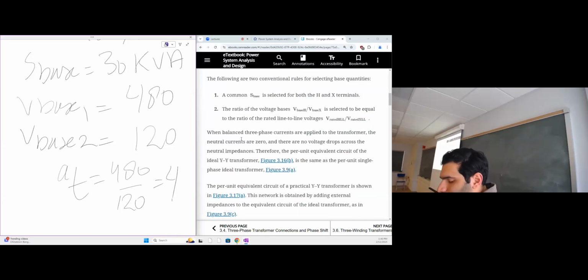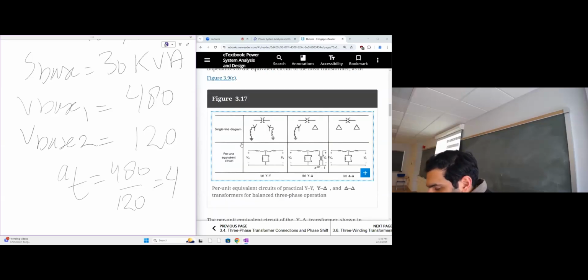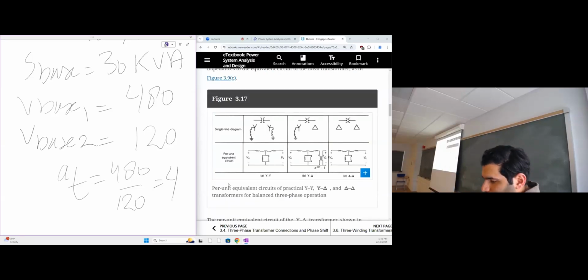Then here they are saying again, whenever we have balanced three-phase currents, the neutral currents will be 0. We are aware of that. So those are the connectivity summary. For a Y-to-Y connection with neutral groundings, we see the per unit equivalent circuit. This is the complete representation, figure A. Can you see that? For figure C, it's the same thing, but delta to delta connection.